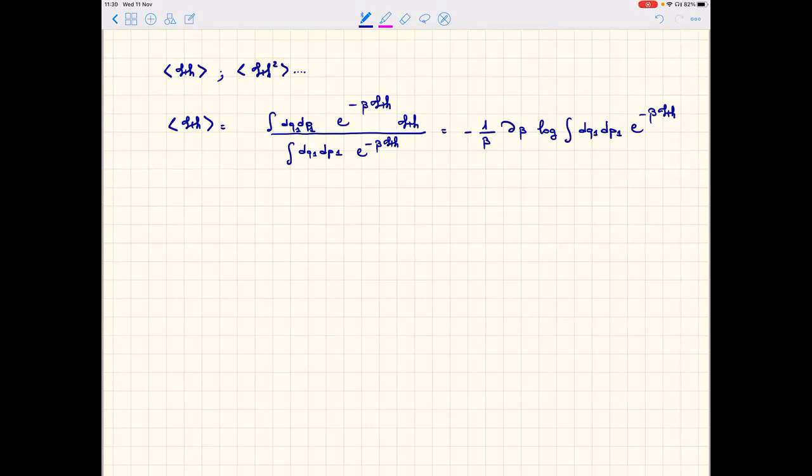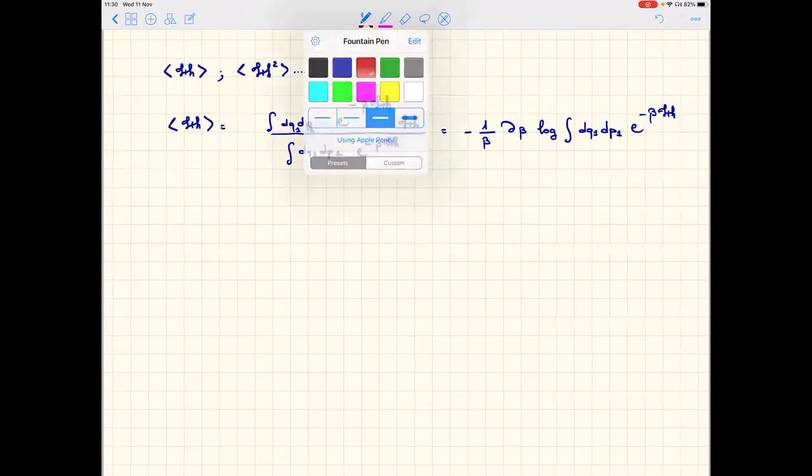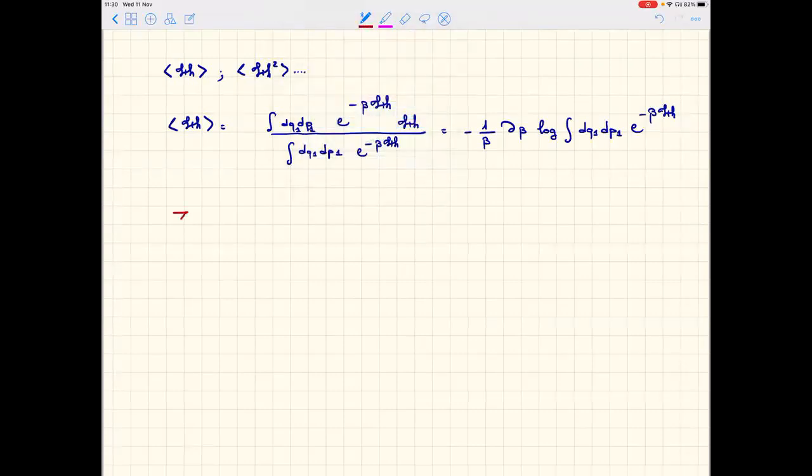So that justifies, in a sense, the introduction of a special object Z, which is equal to the integral dq1 dp1 e to the minus beta h(q1, p1), which is called the partition function.